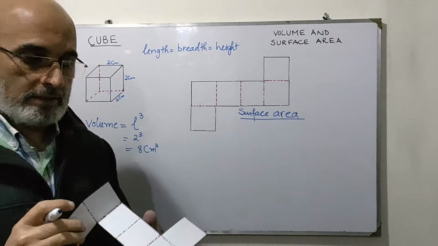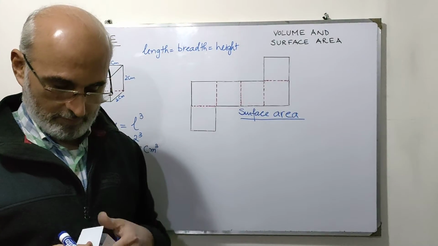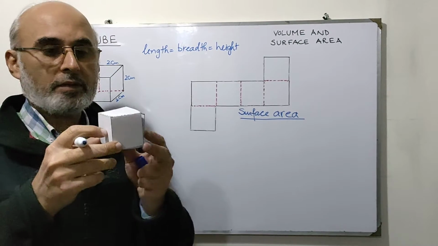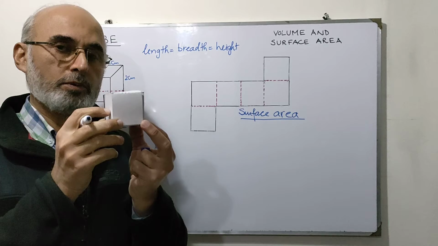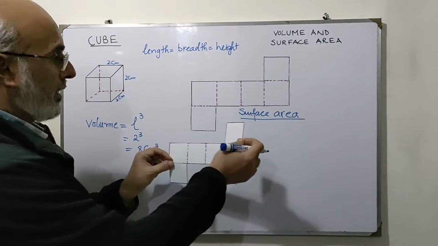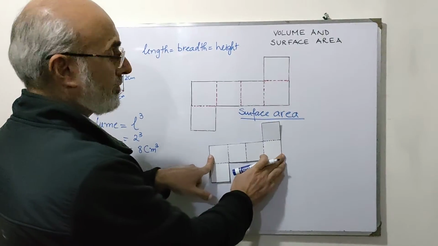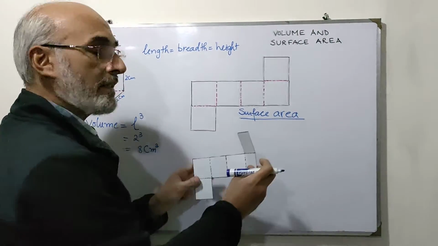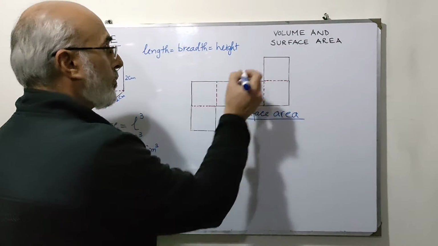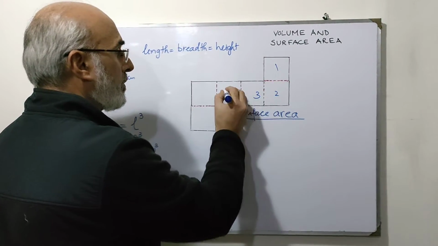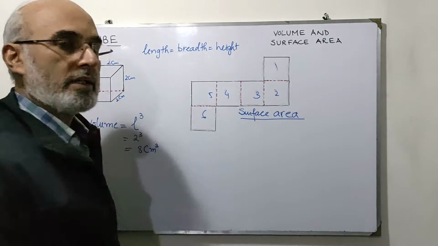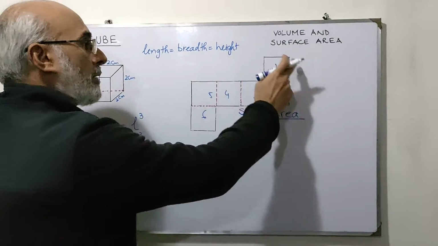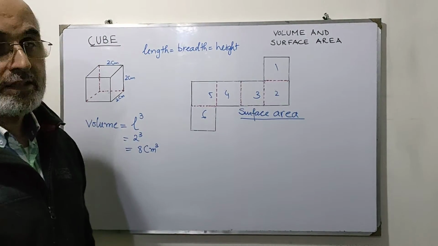This is the cube I have, again made from cardboard, and when I unfold this cube, I get a net like this. So what is happening here? I have 1, 2, 3, 4, 5, 6 squares, right? I have 6 squares and the dimension of each square is equal.